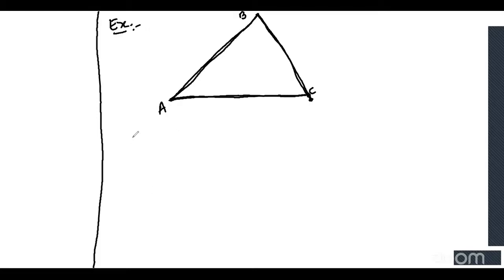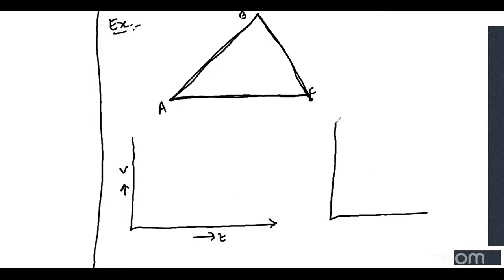For this situation, I need to draw graph between velocity versus time and then acceleration versus time. First, from A to B, as the height is increasing, what will happen? The velocity will decrease. At the maximum height, velocity will be 0.